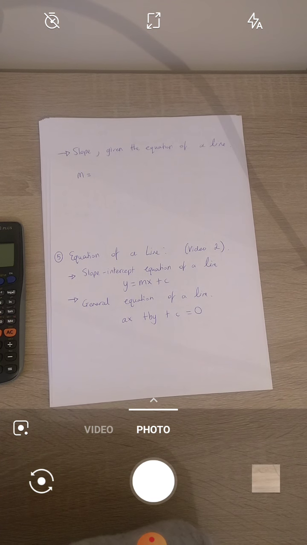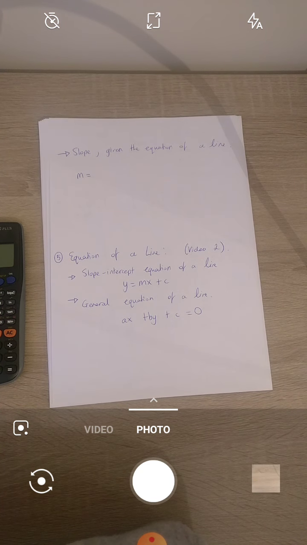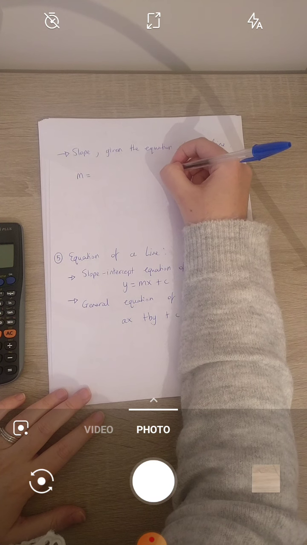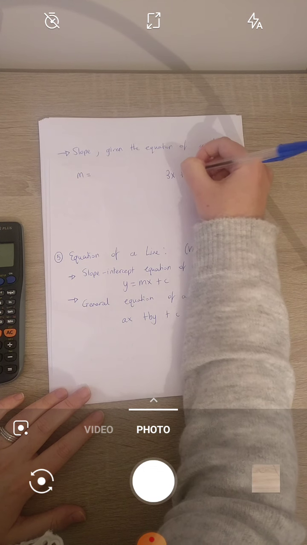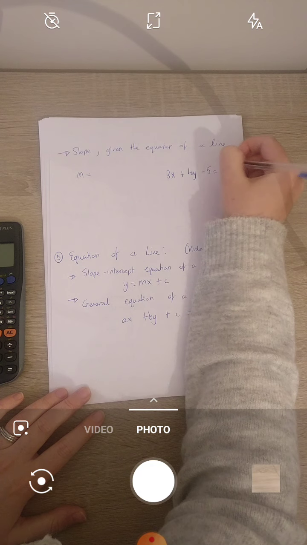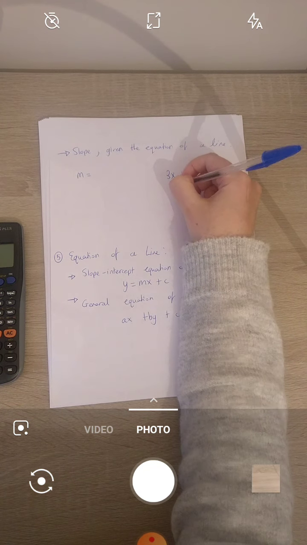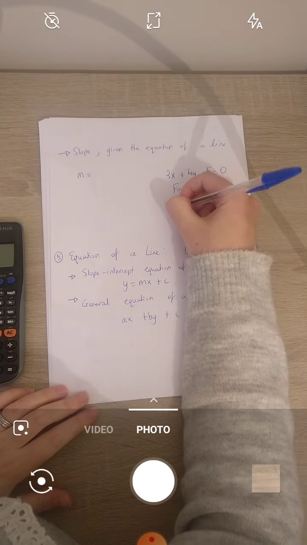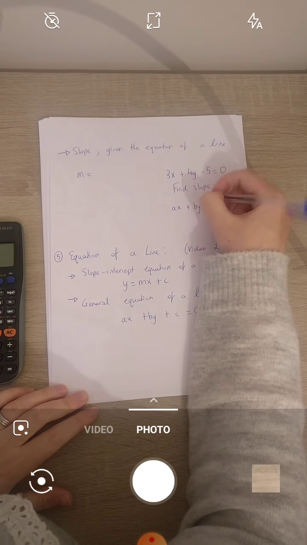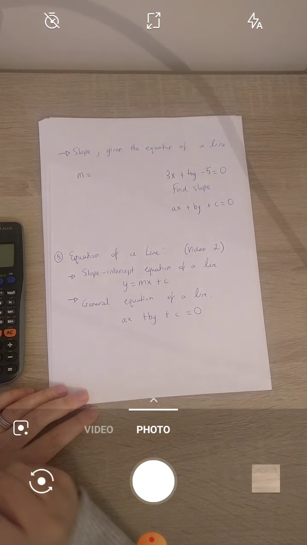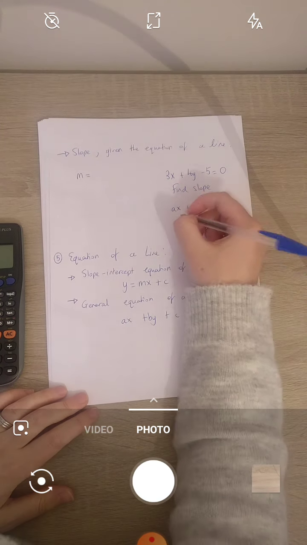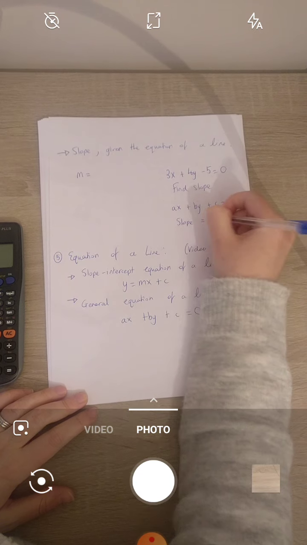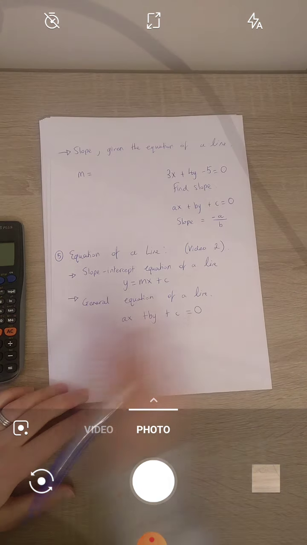The last part of the slope is if you're given the equation of a line. So we're going to look at this in the second video, but I just wanted to show that if you were given the equation of the line, something like 3x plus 4y minus 5 equals 0, and they said to find the slope. Okay, if we have the equation of the line written in the form ax plus by plus c equals 0, then your slope is equal to minus a over b.